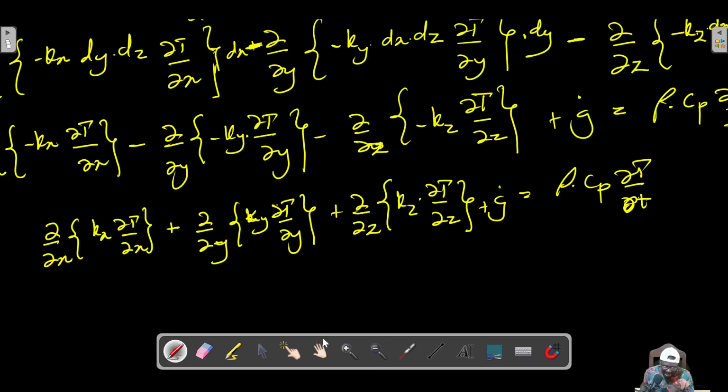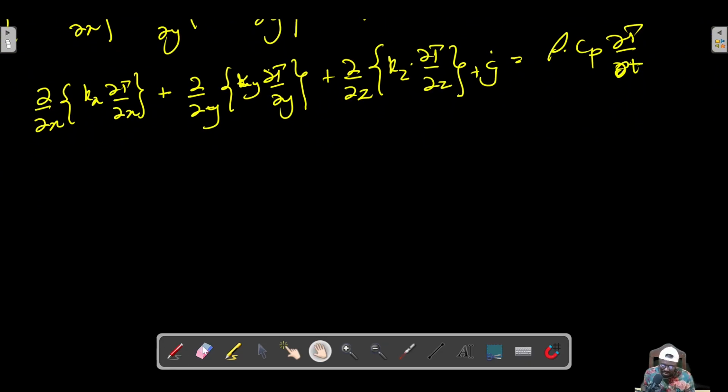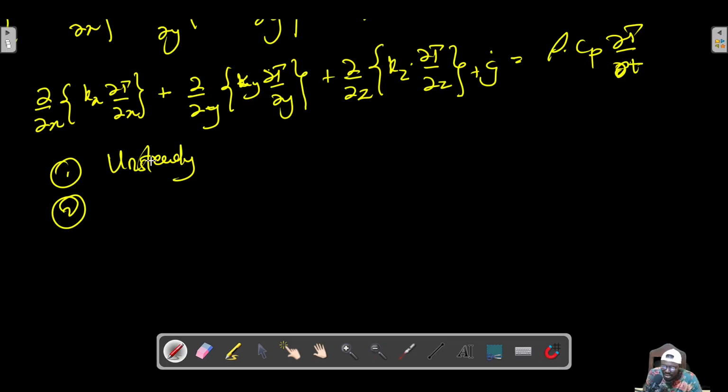So this particular equation is general. We've not assumed anything, right? So here, this is what you need to know. It is unsteady. That is one. The material is not isotropic.